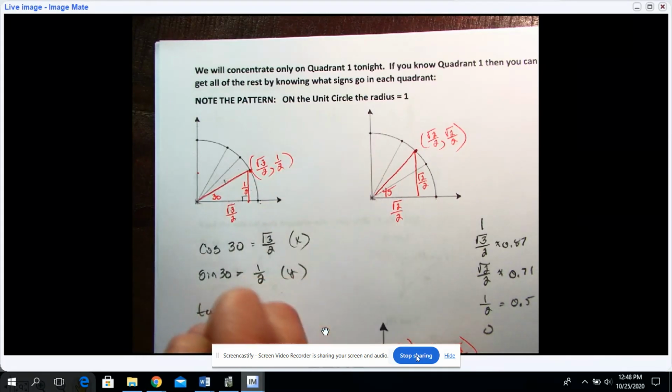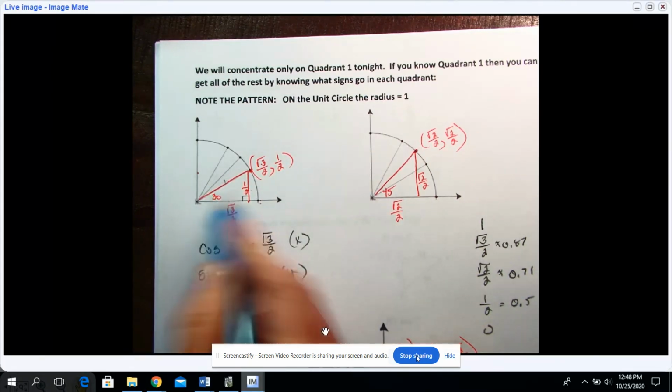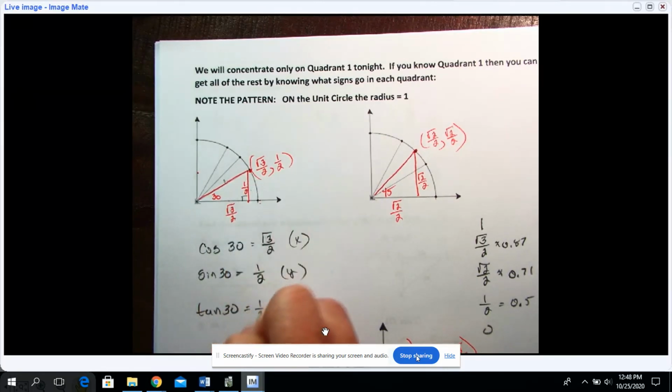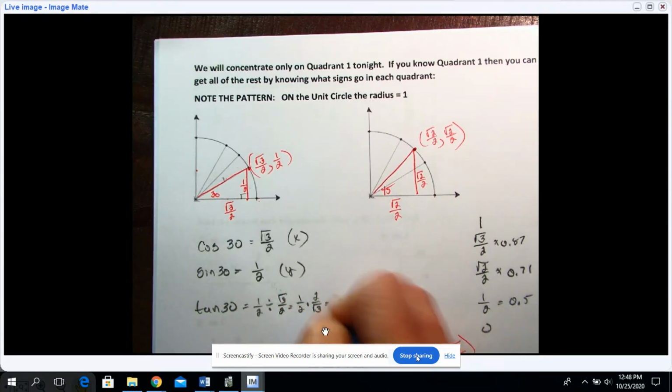And then tangent of 30 is opposite over adjacent, so it would be 1/2 divided by square root of 3 over 2, which is 1/2 times 2 over the square root of 3, which is 1 over the square root of 3, which rationalizes to the square root of 3 over 3.